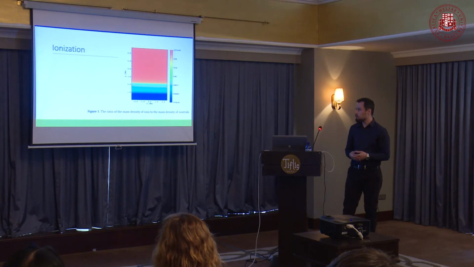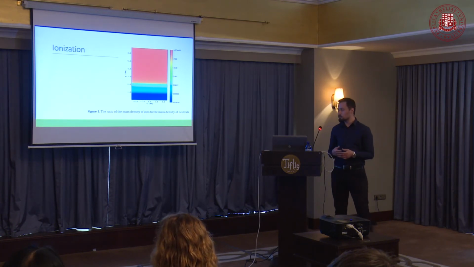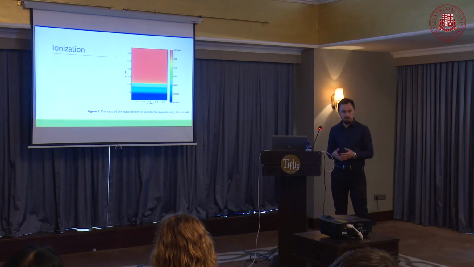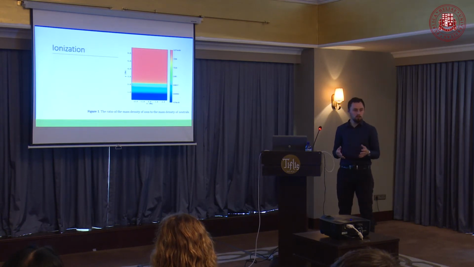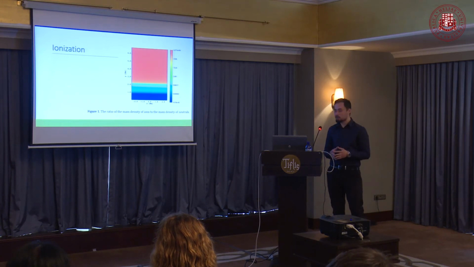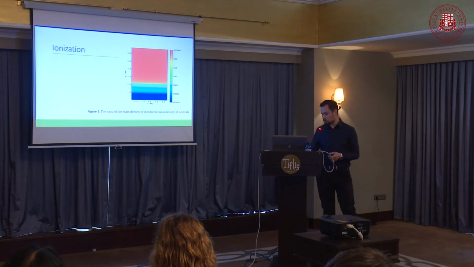The second big difference between these two regions is that below the transition region we have high density, so there are many collisions between these two fluids and they are strongly coupled. But when we go up in the corona, these two fluids are no longer coupled in such a way.